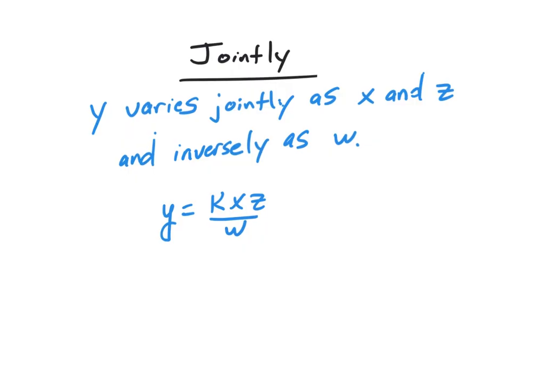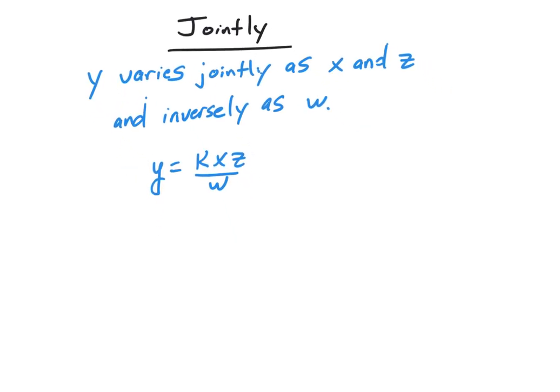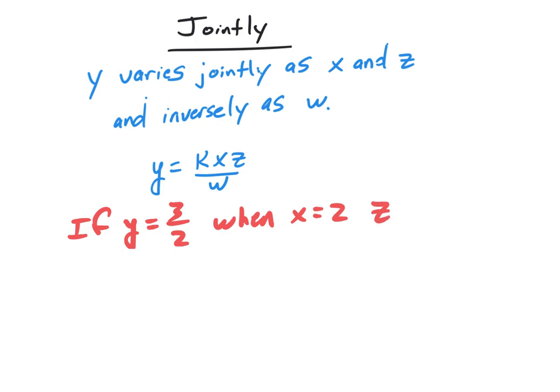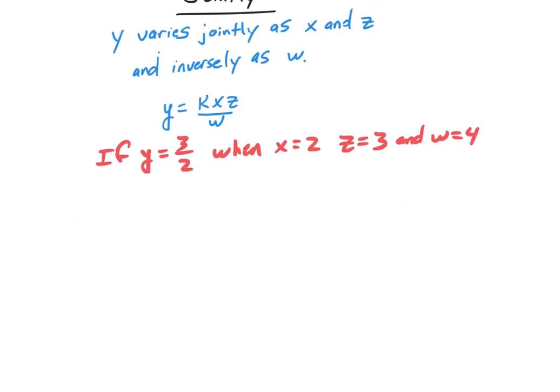Okay, and then we're going to be given a statement telling us if y equals 3/2 when x equals 2, z equals 3, and w equals 4, then we're going to write an equation.